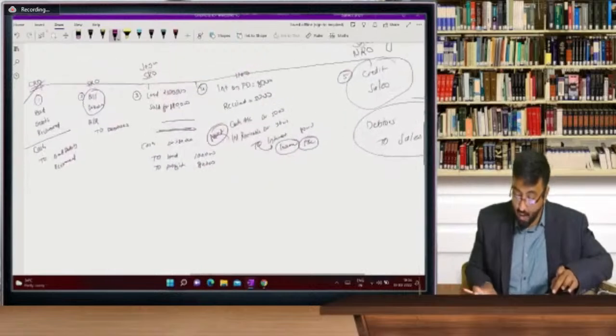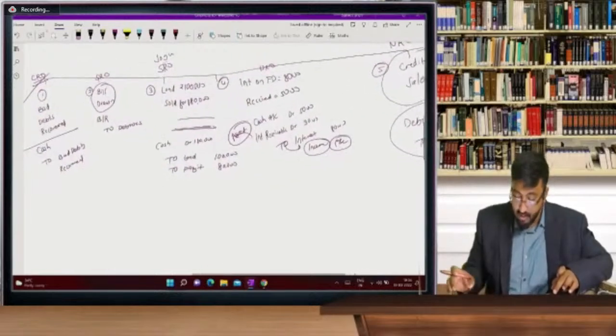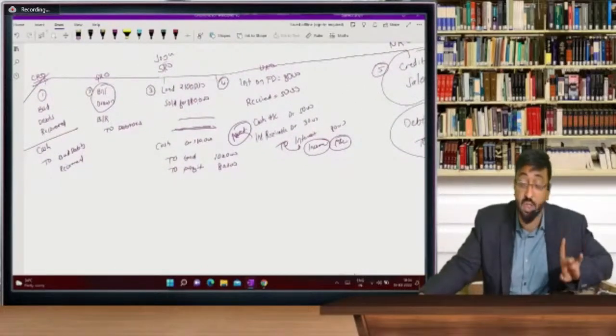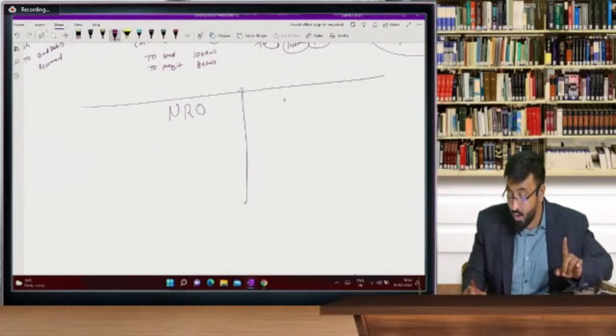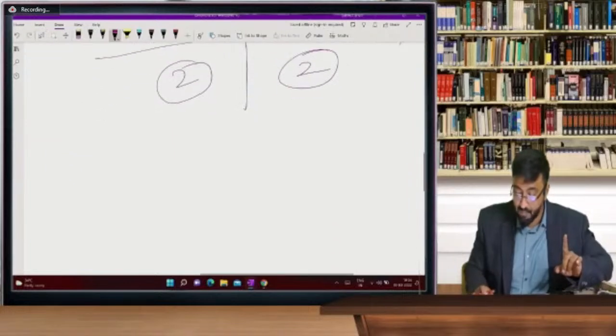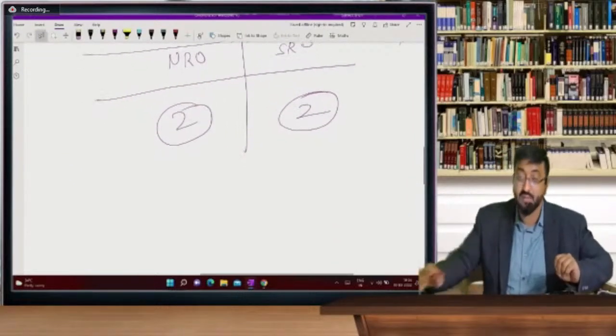So there is a tie between NRO and SRO. So let's play last question. Only NRO students and SRO students. I won't consider the answer, correct answer. Yes, just checking now there is a tie between NRO and SRO. 2-2. Let's play the game.